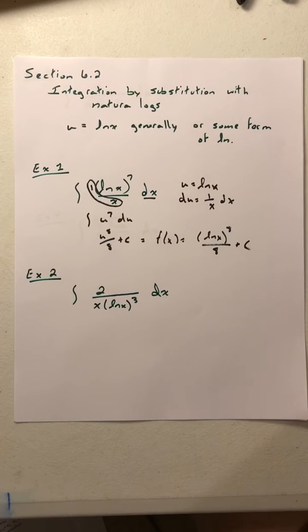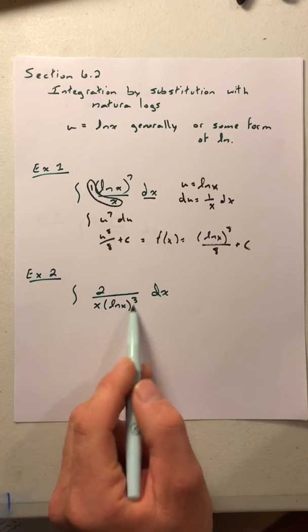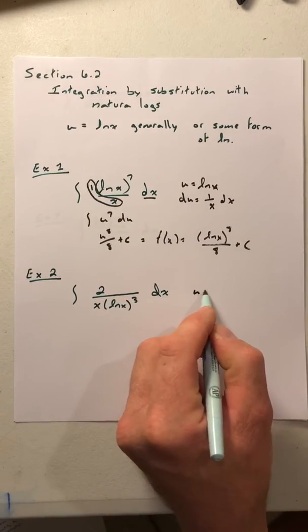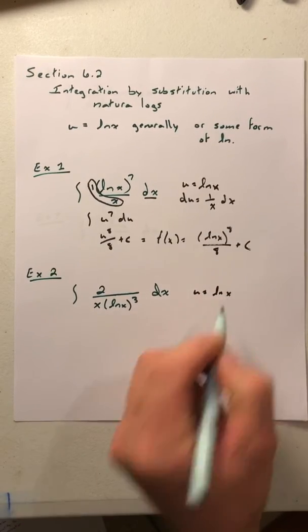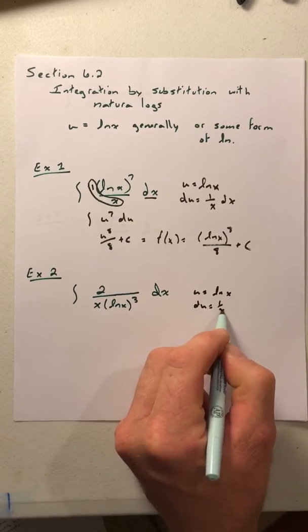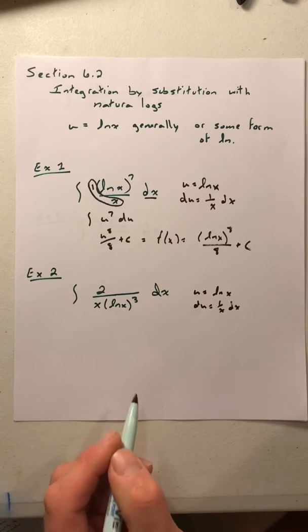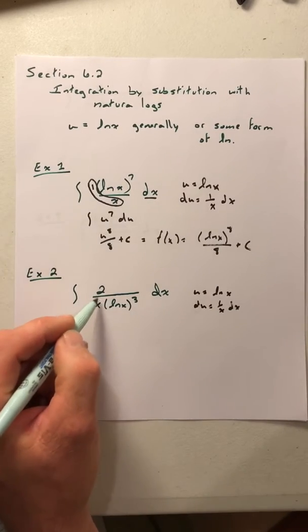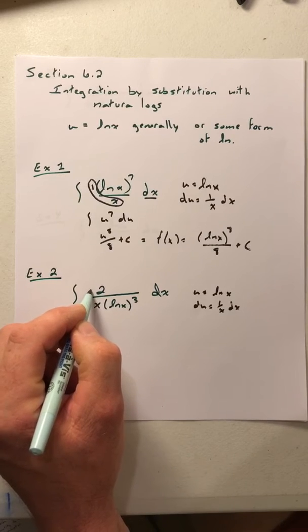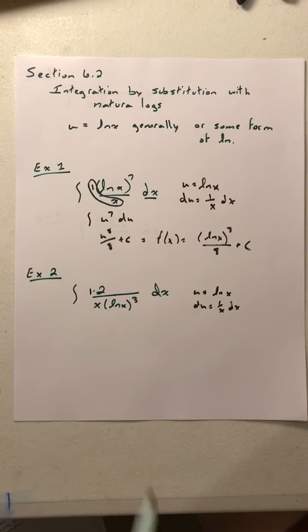In example 2, we're going to see that the natural log is going to be in the denominator in a quantity. Again, if we let u equal the natural log of x, du this time, again, is 1 over x dx. And if we look over here, we have a 2 over x dx. But remember, we can multiply anything by 1 and get the same value.